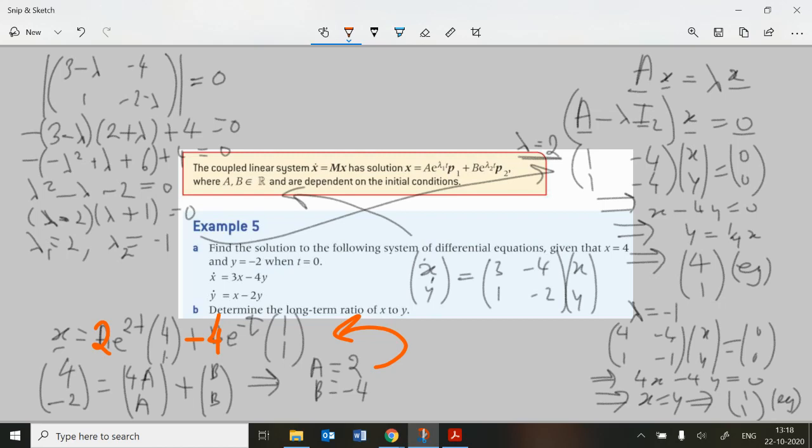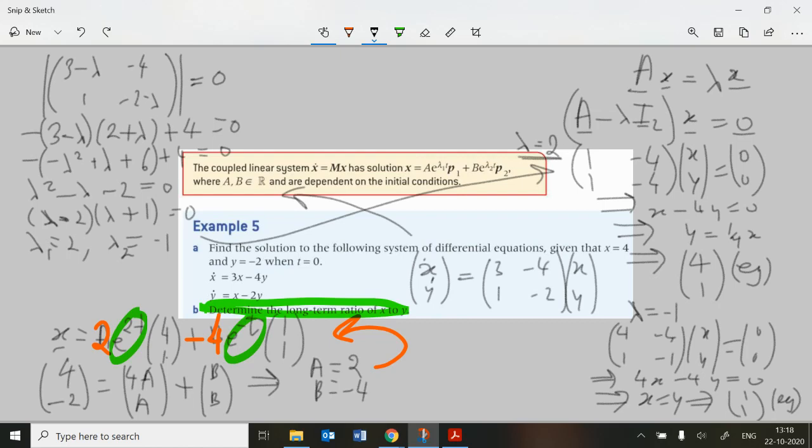That's the technique. Now, in terms of part B, it says determine the long-term ratio of x to y. Well, for that, you need to think about what happens to this. Let's just highlight this. So when we're talking about determine the long-term ratio, we need to consider these two functions here. So what happens when you take t to infinity with those two functions? Well, you can see that this is going to get pretty large, and this is going to get extremely small.